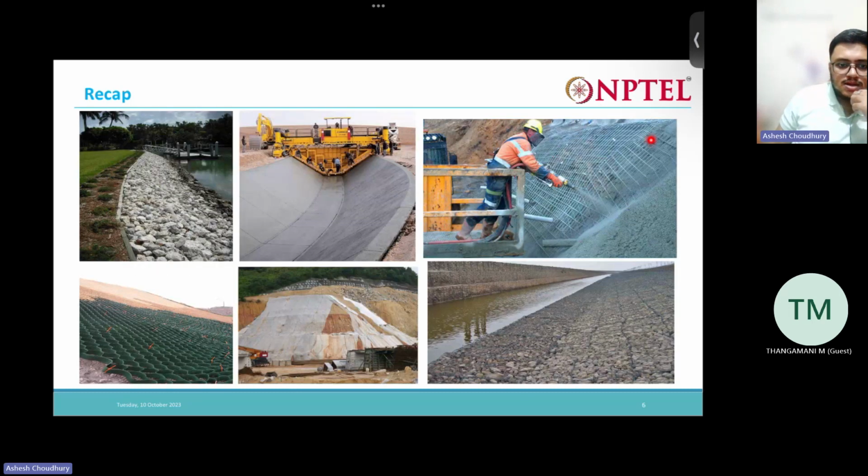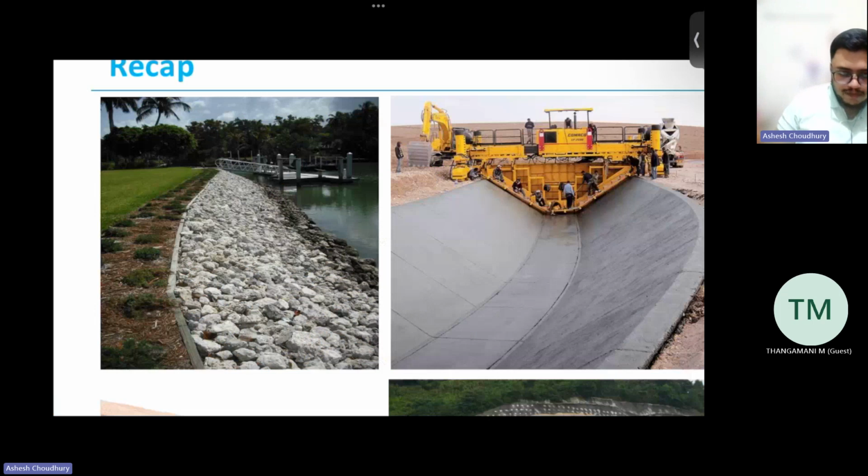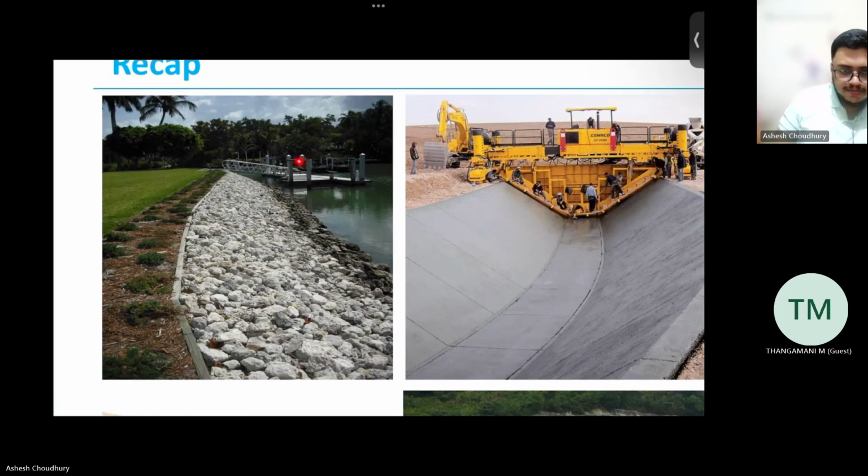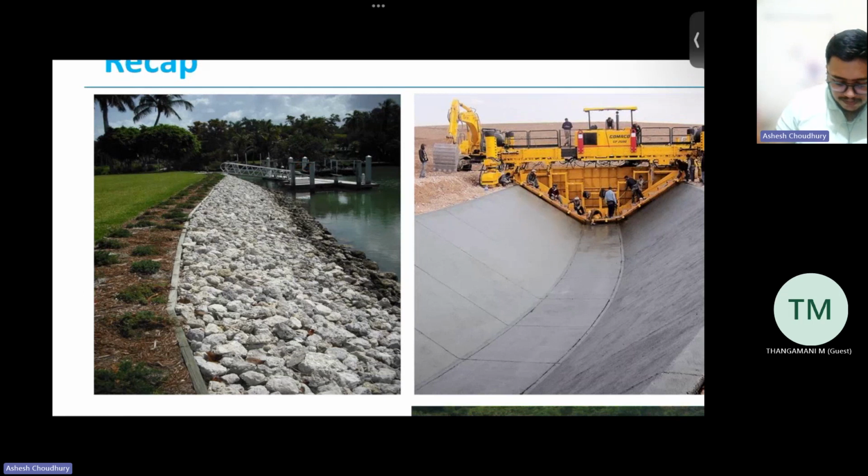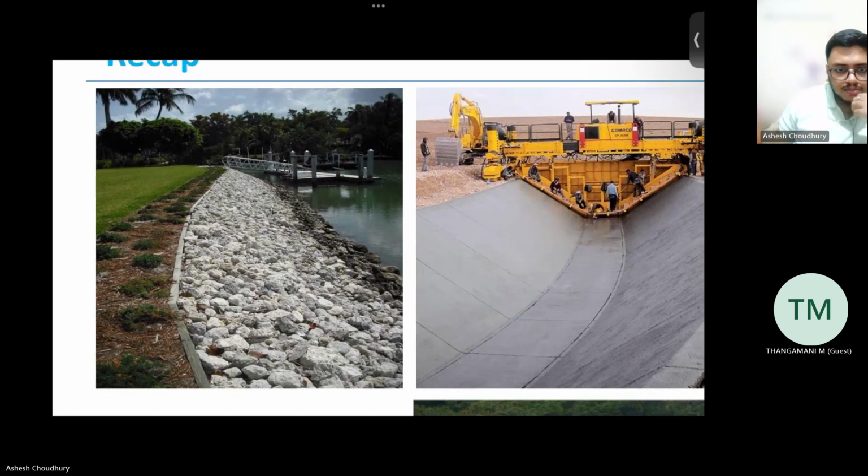Okay, so here there are many pictures given. What is the first picture? If you can guess, what is this first picture?